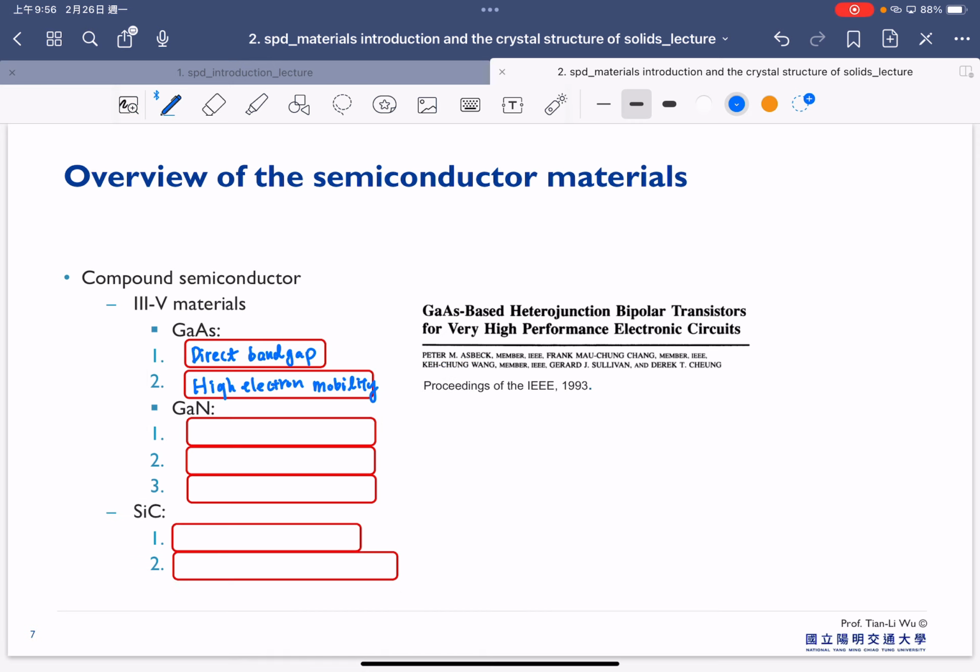Because of this unique property, especially the high electron mobility, gallium arsenide is very suitable for certain applications, especially high-speed communication. Here I just put one paper, published in 1993.